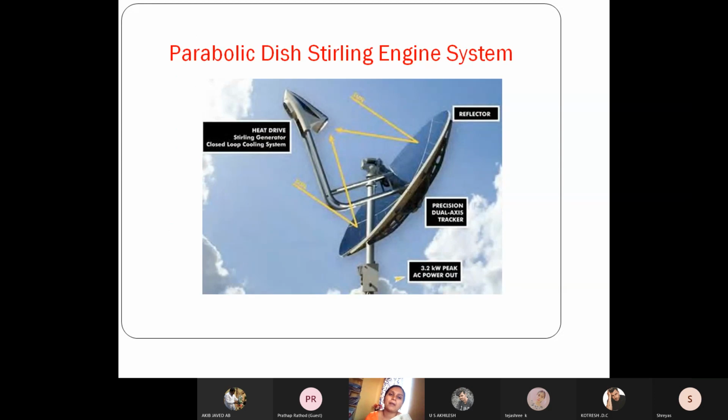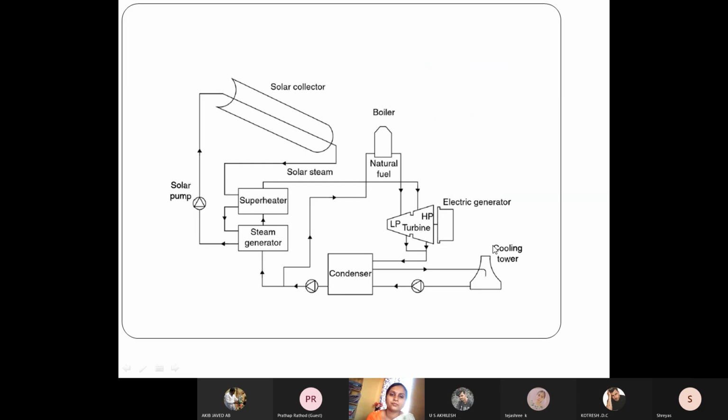Next, this is a parabolic dish Stirling engine system. Here this is a reflector and this is the heat drive. This is a dual axis tracker. Solar collector, solar pump, solar heat. Here we use it for cooling, for hot water and also for generation.